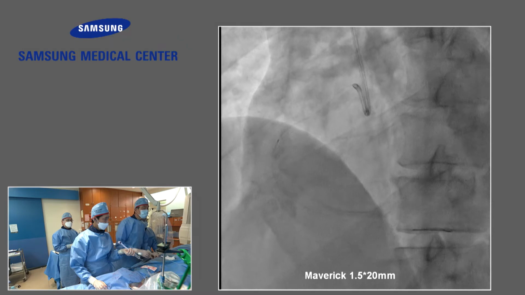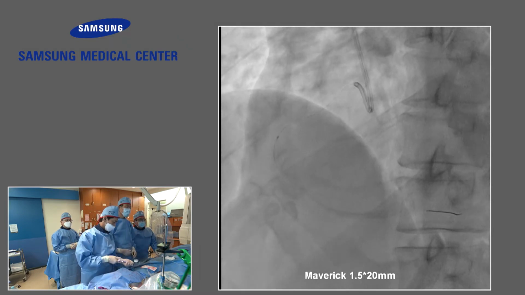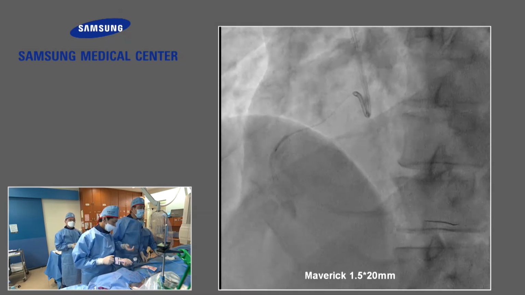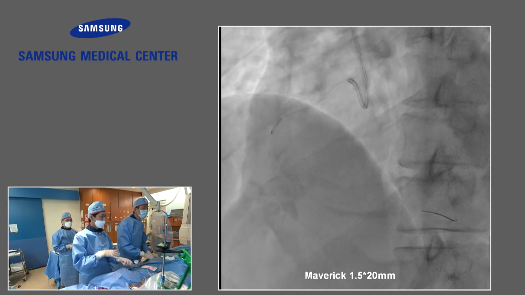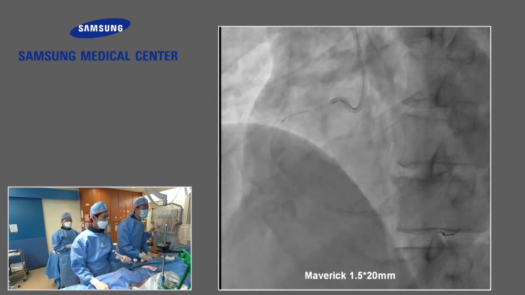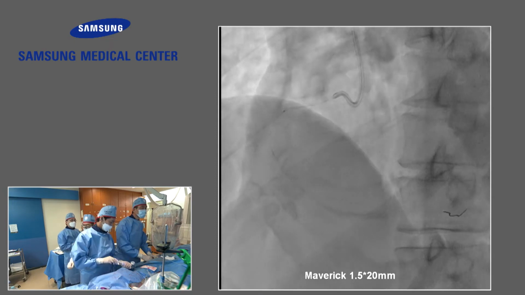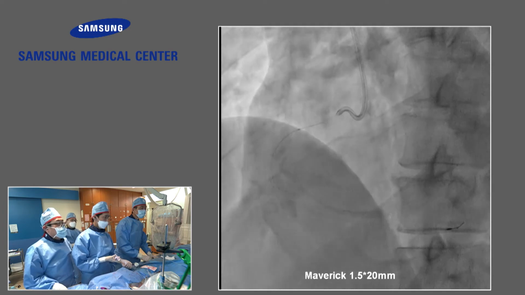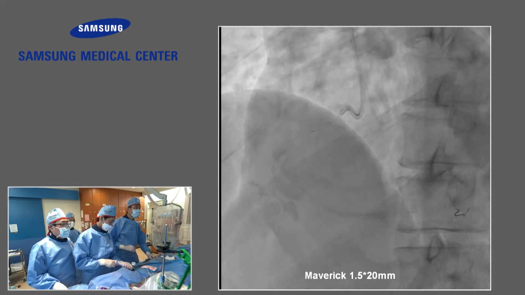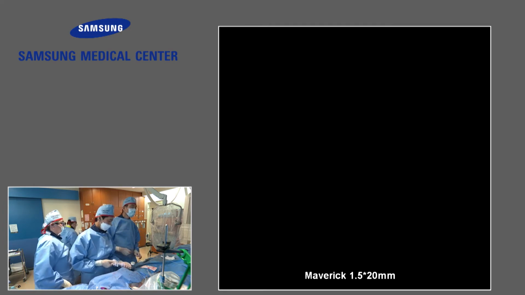Not very much. Inflate. 14. Deflate. 14. Deflate. 14. Deflate.